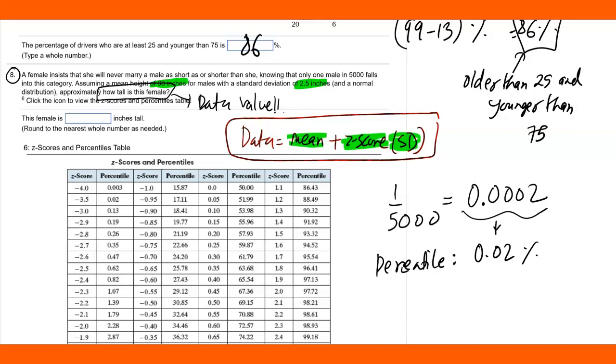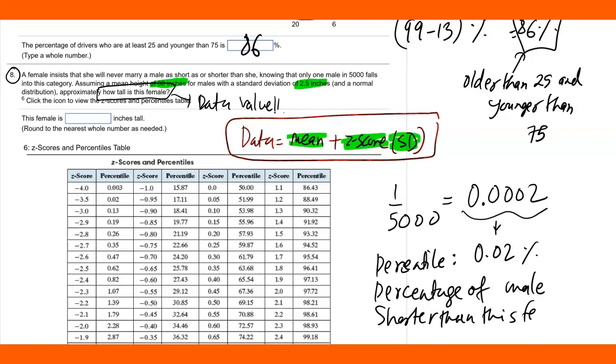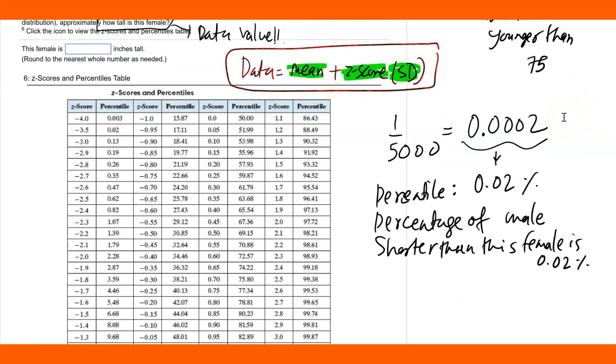Percentile 0.02. In other words, the percentage of males shorter than this female is 0.02%. That's few, of course, rare.